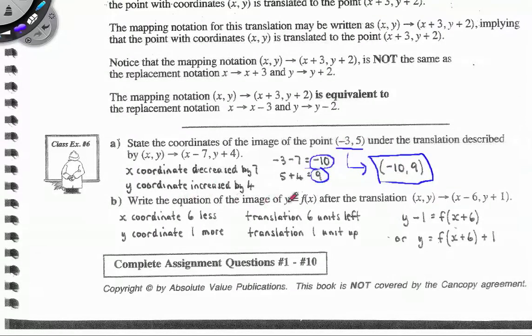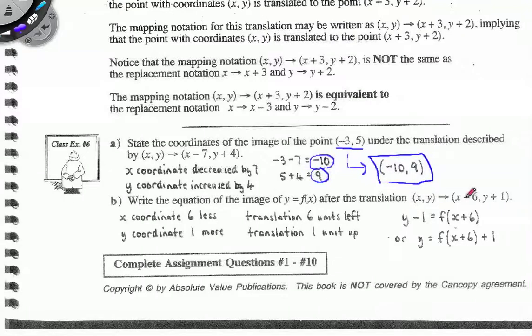Write the equation of the image of y equals f of x after this translation. It wants the equation. Well, notice x goes to x minus 6, and y goes to y plus 1. So what does that mean? X is getting less here because it's becoming more negative.